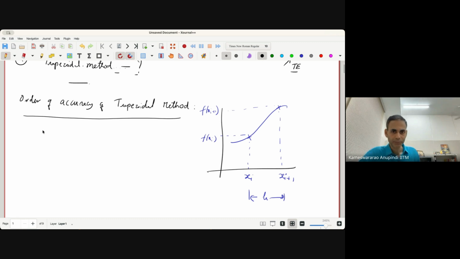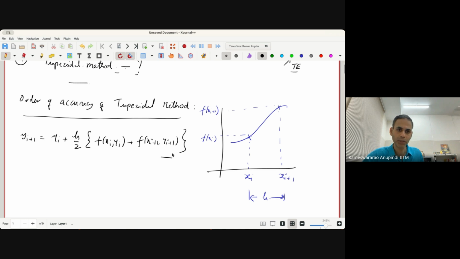Then we said essentially the formula was yi plus 1 equals yi plus h by 2 times f of xi yi plus f of xi plus 1 yi plus 1, right? That is the formula we have used.